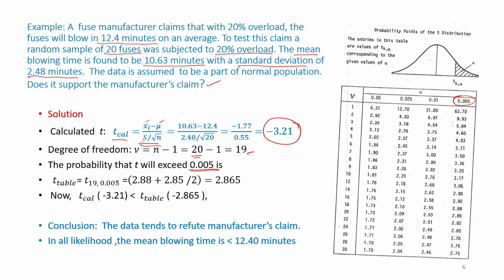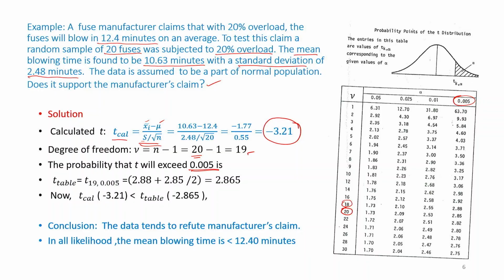19. So if we go there, we don't find 19. We get 18 and 20, but 19 is missing in this particular table. In some other book, you may get a T distribution table where 19 may appear. Here, to make the table a little shorter, some values of degrees of freedom have been omitted in this particular table.